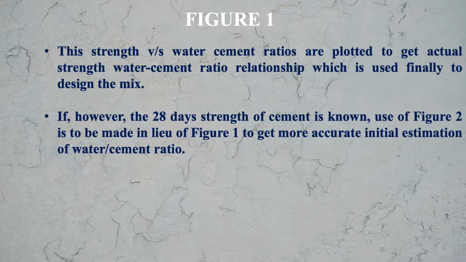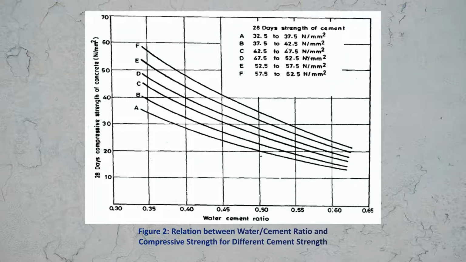If, however, the 28 days strength of cement is known, use of figure 2 is to be made in lieu of figure 1 to get a more accurate initial estimation of water cement ratio. What is this figure 2? Here you see figure 2, the relationship between water cement ratio and compressive strength for different cement strength.